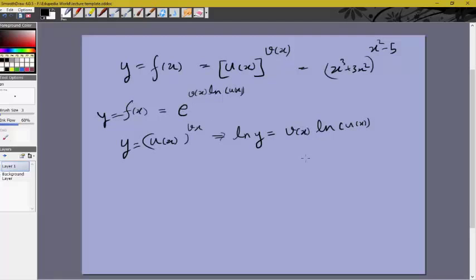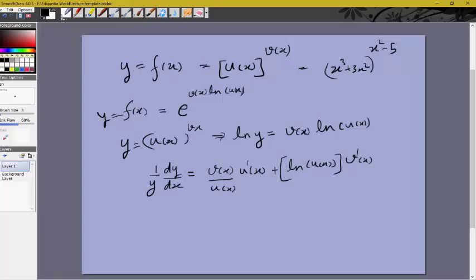Now you can differentiate both sides, and what you'll get is 1 by y dy by dx is equal to v of x times the derivative of this thing, u dash of x by u of x, plus ln u of x times the derivative of this thing, which is v dash of x, right?